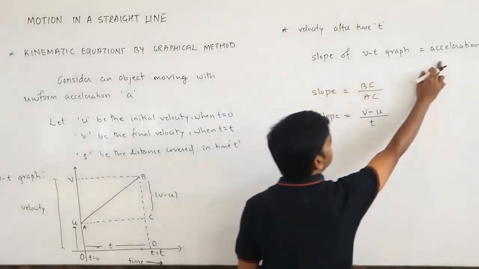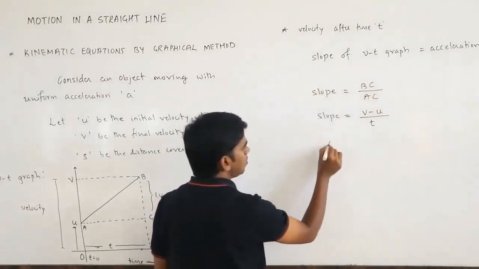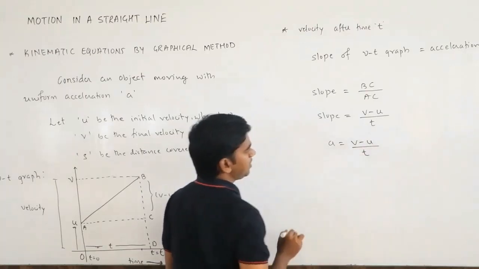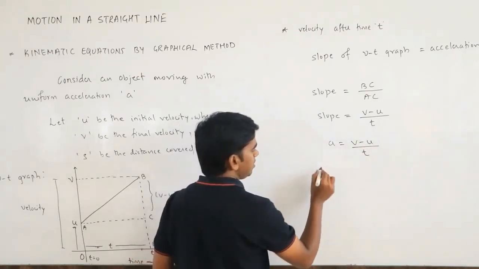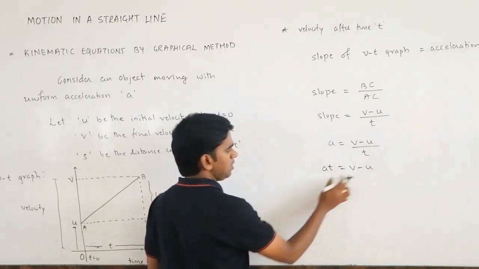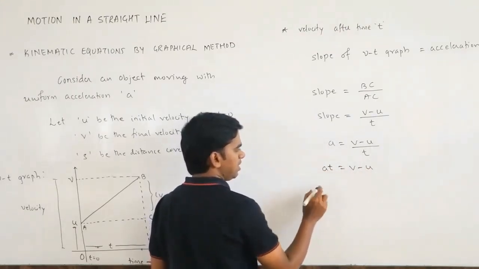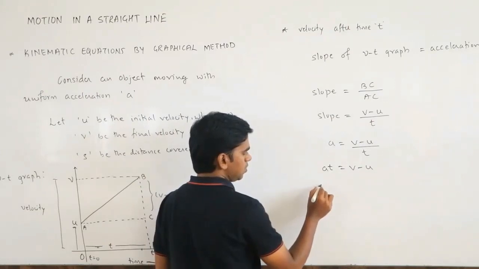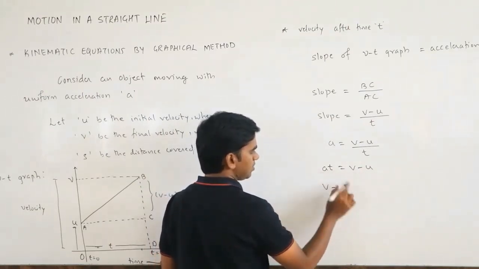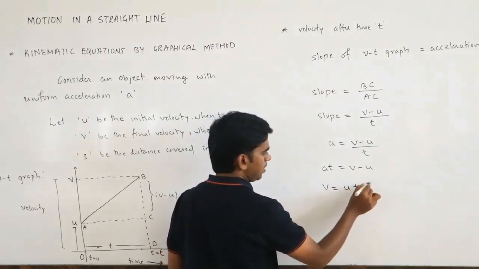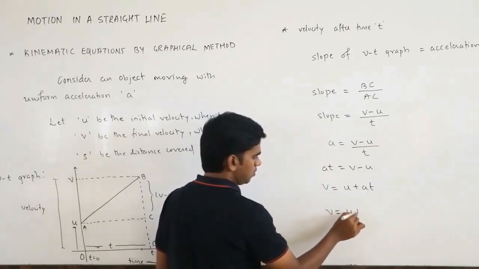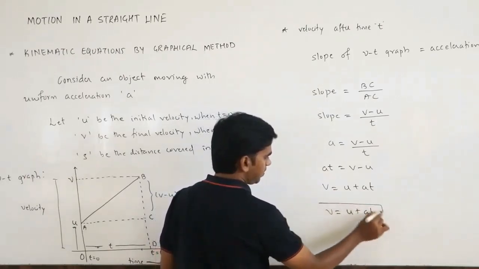Slope is nothing but acceleration A. So A equals to V minus U divided by T. So T you take on this side, so AT equals to V minus U. Take U on this side, that will become plus. So V equals to U plus AT. This is going to be your equation.